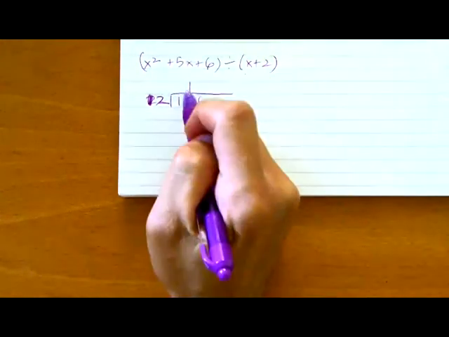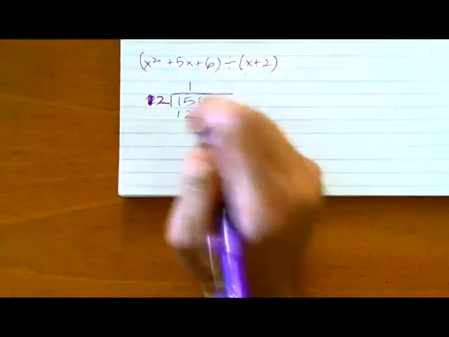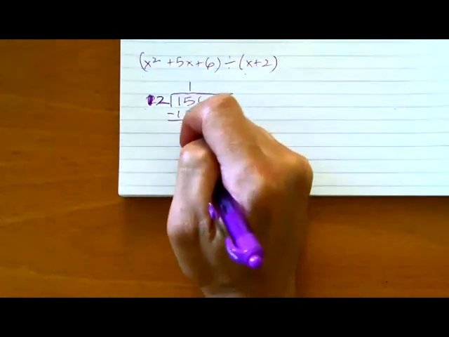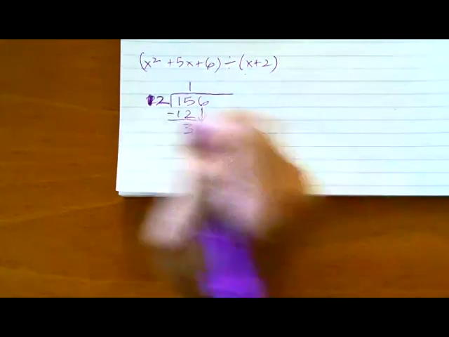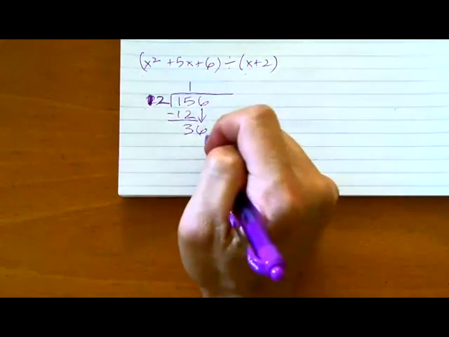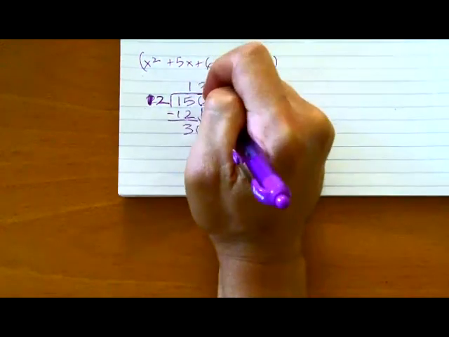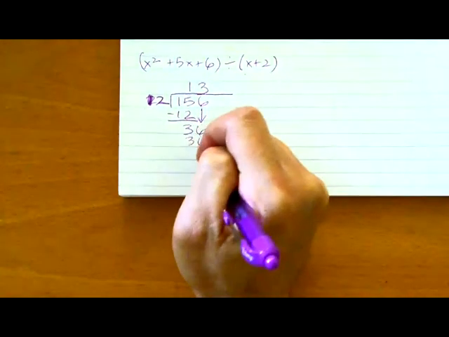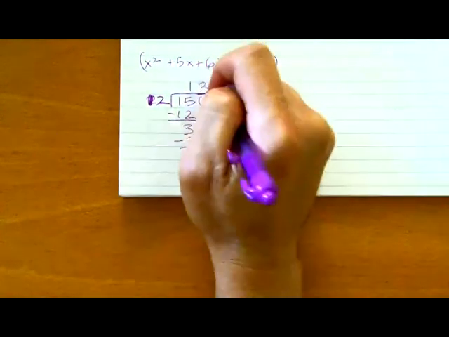We're going to ignore the 6 for now. 1 times 12 is 12. We're going to subtract. That'll give me 3. I'm going to drop the 6. Something times 12 is 36, or close to it. 3. 3 times 12 is 36. I'm going to subtract, and that's it. This is what we're looking for.